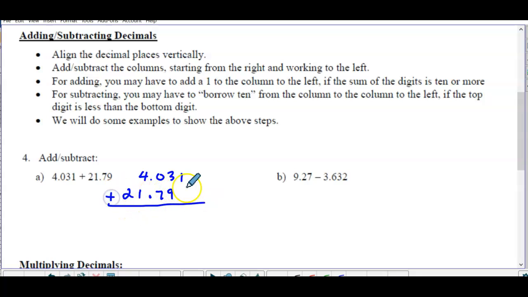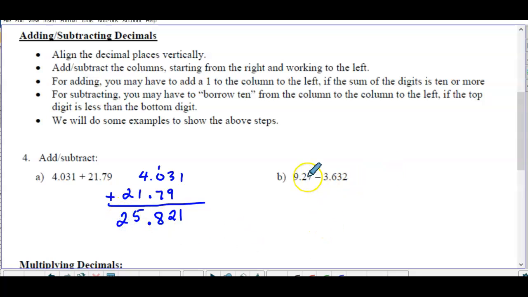And we're adding, so you start at the right. 1 plus, if there's nothing underneath, it's a 0, so that's 1. 9 plus 3 is 12, so you write your 2 with the 1 in the column to the left. Then 1 plus 0 plus 7 is 8. Decimal follows down. 4 plus 1 is 5. 2 plus 0 is 2.